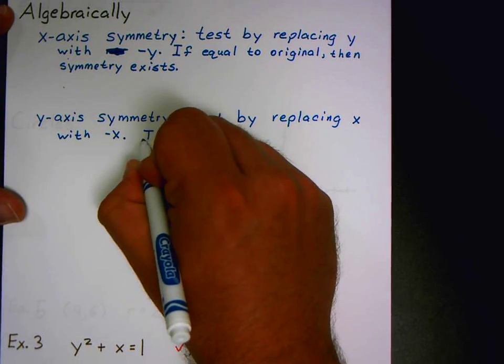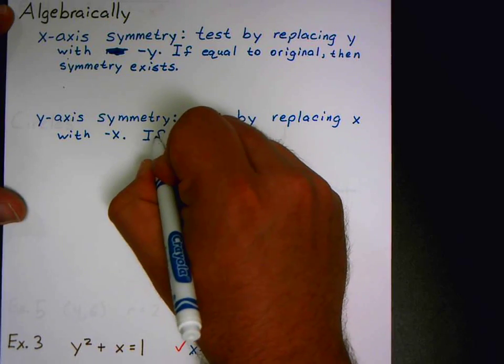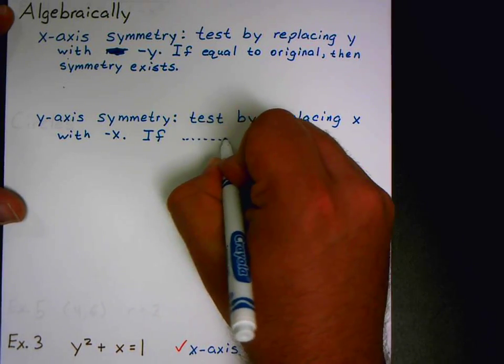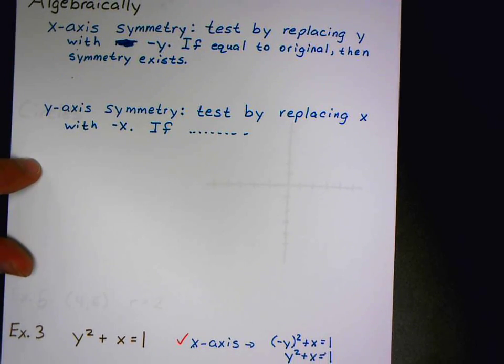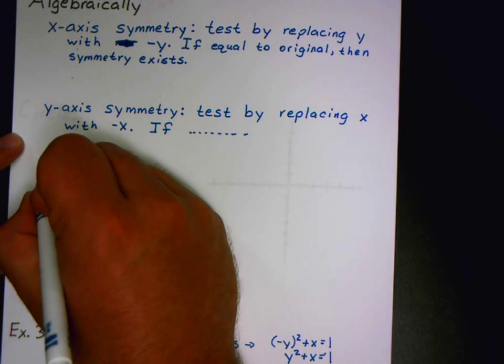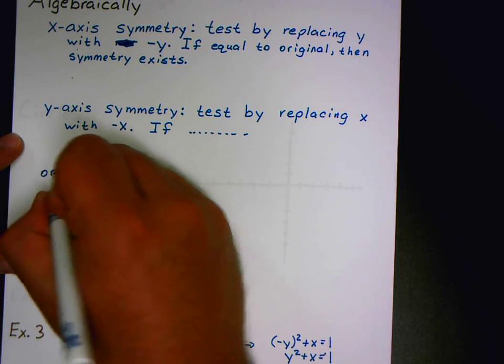If it's equal to the original, then symmetry exists. Then symmetry with respect to the origin.